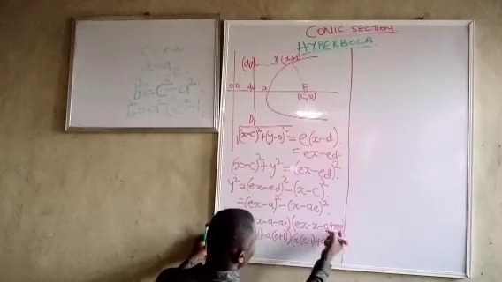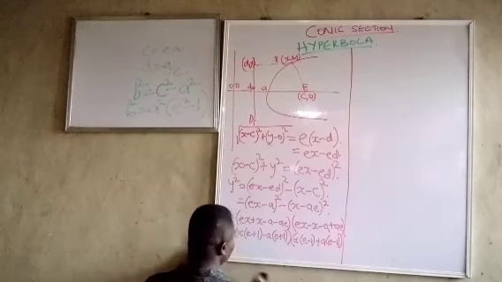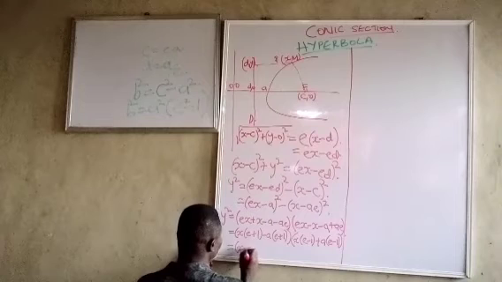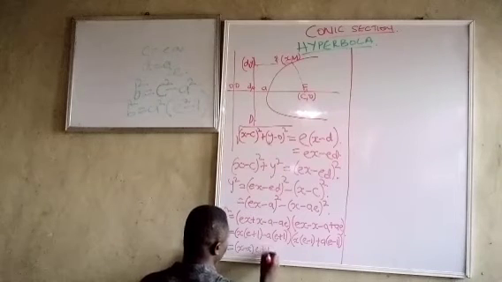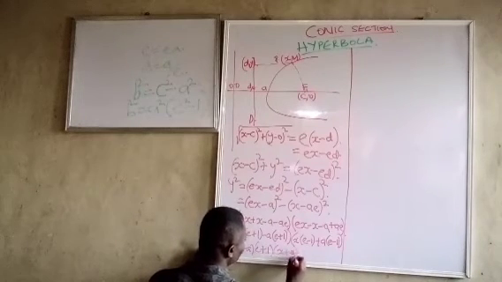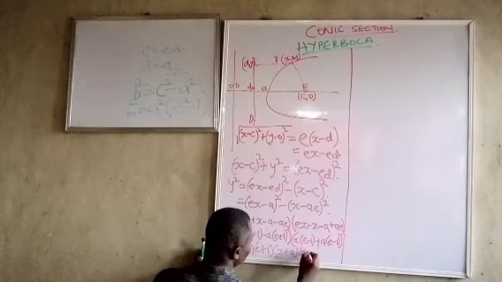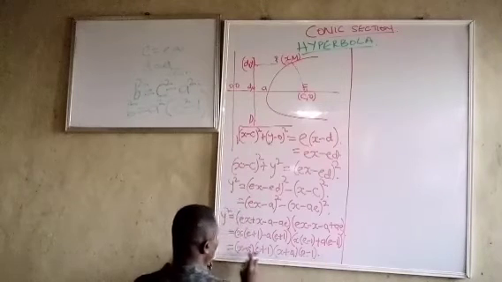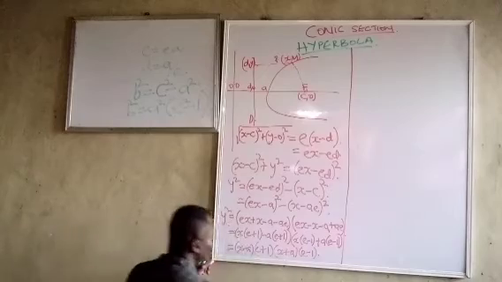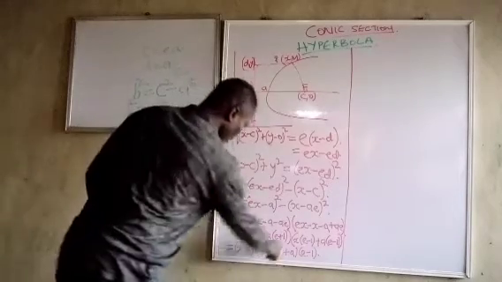So if we move this one to this side, it will be the same thing. So we are going to have (x minus a) into (e plus 1) into (x plus a) into (e minus 1). If we multiply this one and this one, it's going to give us e squared minus 1. This one and this one is going to give us x squared minus a squared.